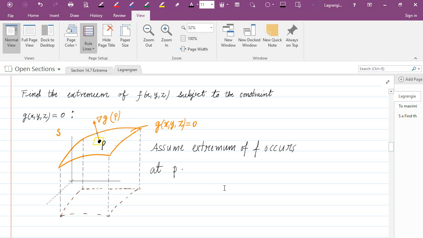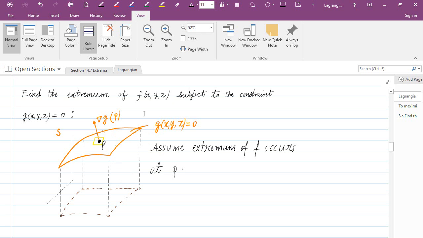Now I'm going to show you that the gradient of the function f will also be perpendicular to the surface at P. Now, the gradient of g is actually perpendicular to the surface S at any point.